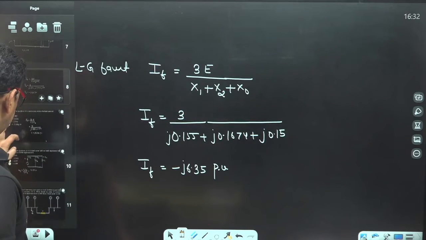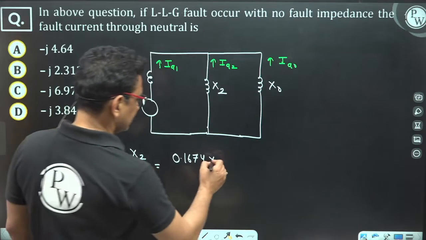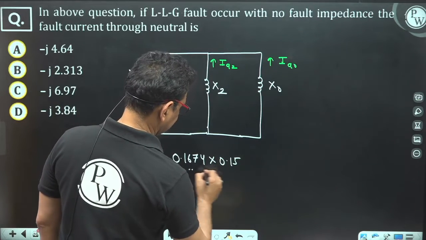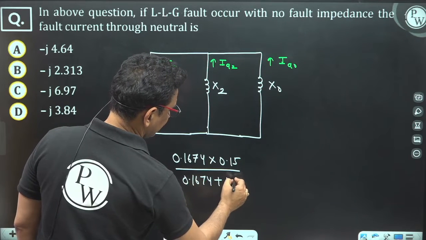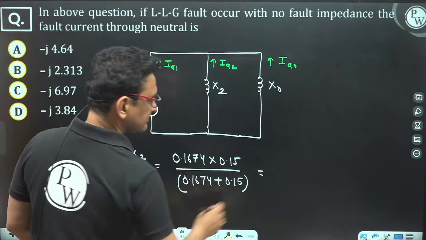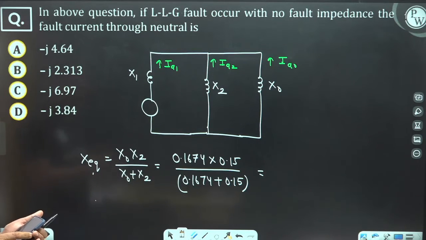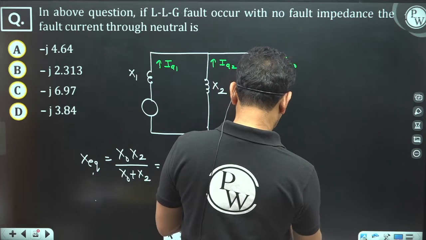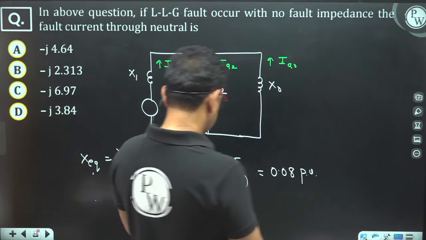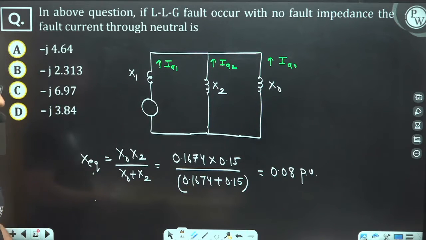So 0.1674 into 0.15 divided by 0.1674 plus 0.15 gives 0.08 pu. This is X equivalent.